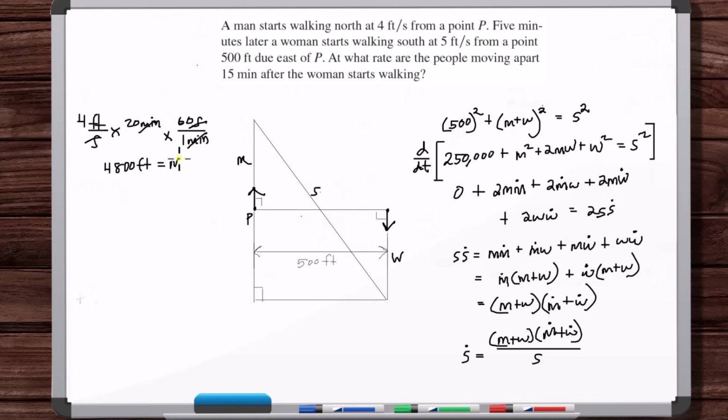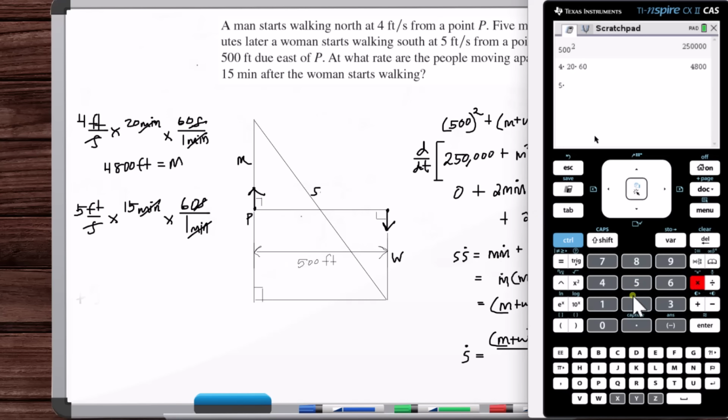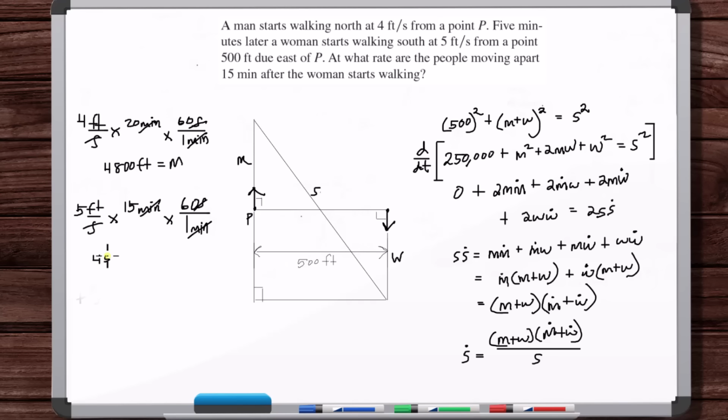That's going to be M. Now the woman has been walking at 5 feet per second for 15 minutes. So 4,500 feet is equal to W.